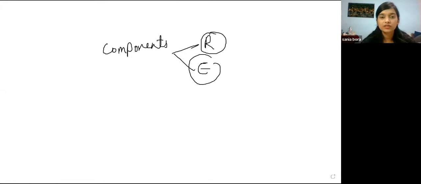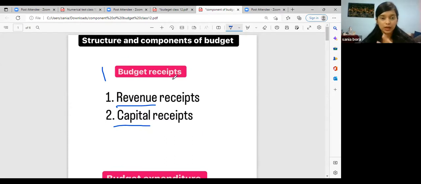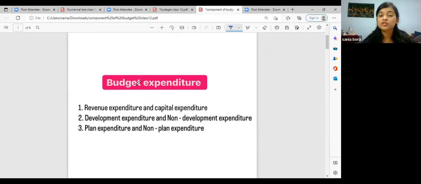When the question is what are the components of the government budget, you will say budget receipt and budget expenditure. Budget receipt is of two types: revenue receipt and capital receipt. Budget expenditure is of three types. Somewhere it is written six: revenue expenditure, capital expenditure, development expenditure, non-development expenditure, plan expenditure, and non-plan expenditure.